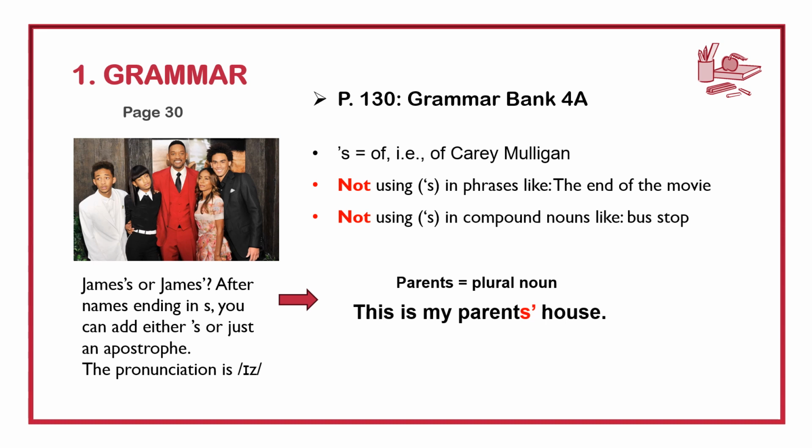So when we have a plural noun, we don't add apostrophe S to the word. We just add an apostrophe. So parents, the plural word, and then we have an apostrophe, and that's enough. And the pronunciation will be the same as parents. It's my parents' car.